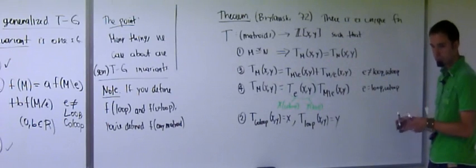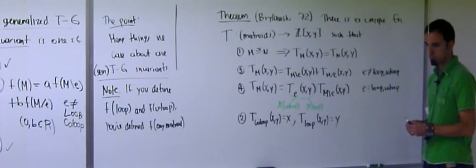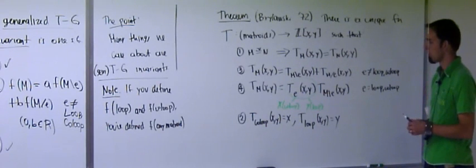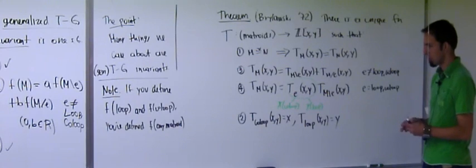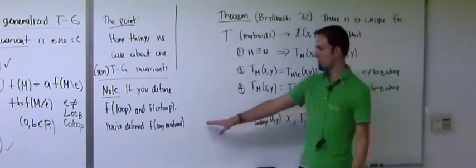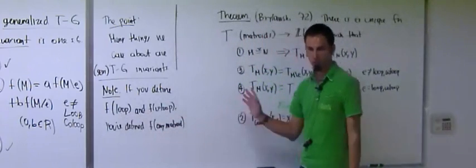So is the hard part of this theorem showing that there actually exists such a function? Because by that condition, once we have it, it must be unique, because we defined it for loop and coloop. Right, I claimed that as soon as I define f of loop and f of coloop, I've defined f of any matroid.